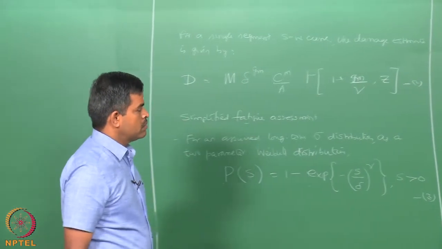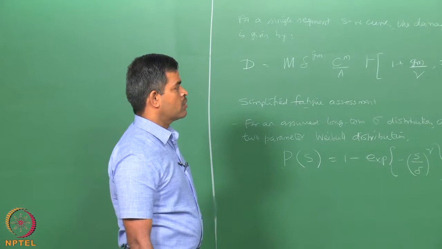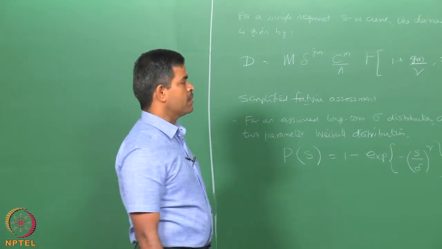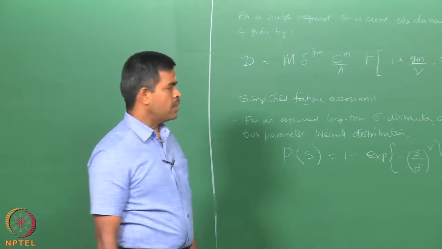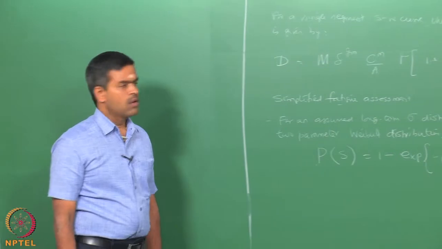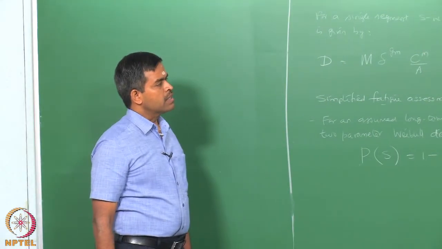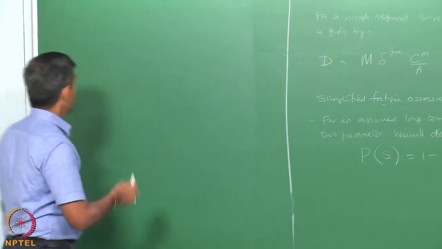Equation 4 for a single segment or equation 5 for a 2 segment, which can give me a long term damage assessment, is actually a method of giving a simple estimate of fatigue damage. How can one say that equation 4 and 5 give me a simple estimate?